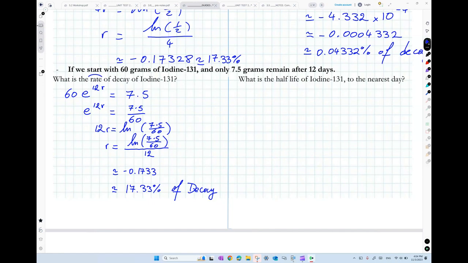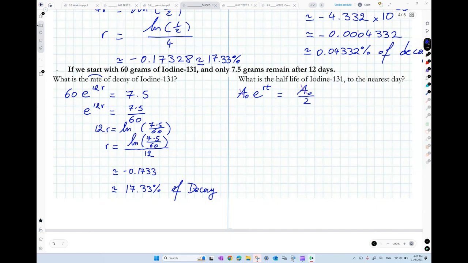So, once again, I've got the original amount, A0, times base e of rt equals half of the original amount. So those two will cancel.